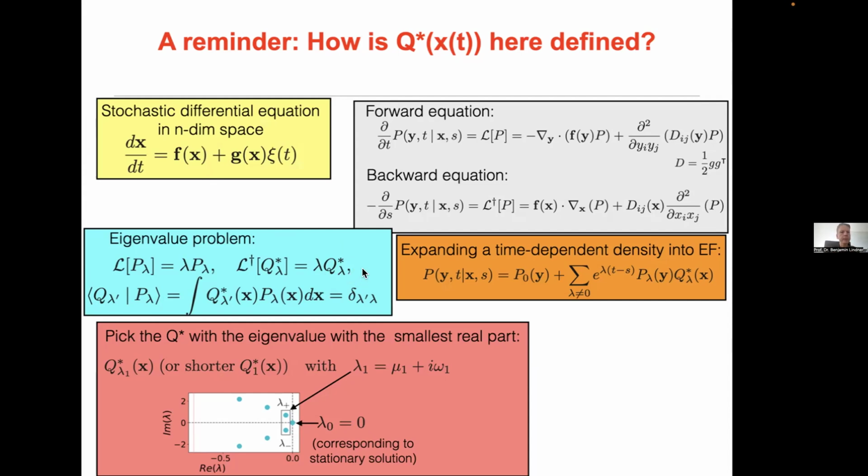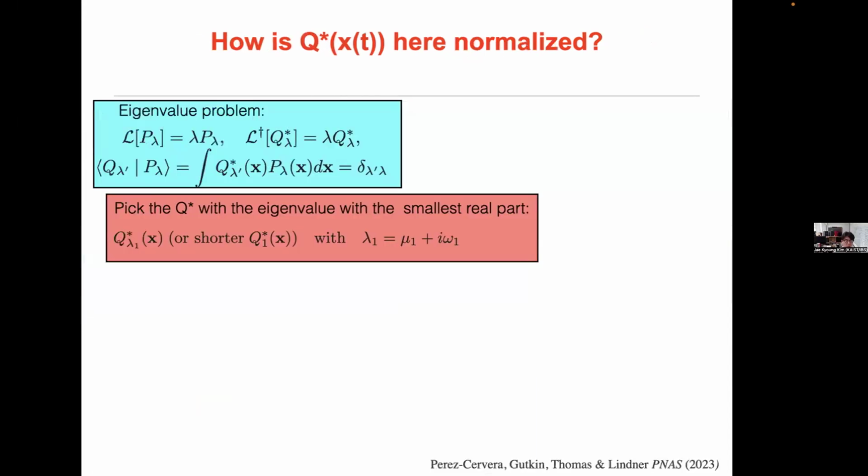And now what I do is I stick the trajectory into this function. I get two new variables, the real part and the imaginary part of q lambda at that specific x of t. And I take this complex-valued time series and do analysis of it.